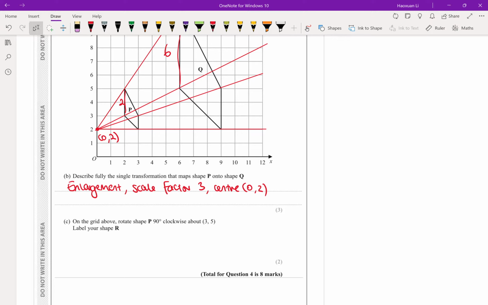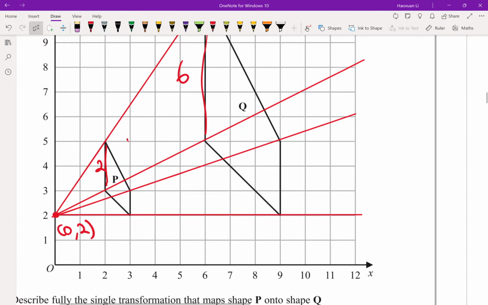On the grid above, rotate P 90° clockwise about 3, 5. Label it shape R. So 3, 5, draw a cross here, and then this. You have your tracing paper in your exam, but on my Surface I can't do it because you don't have this on OneNote.